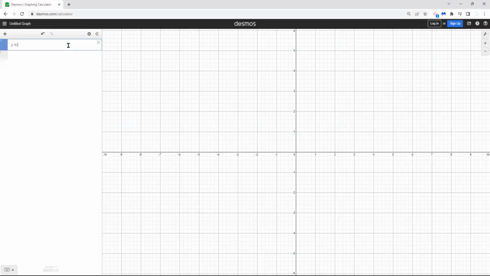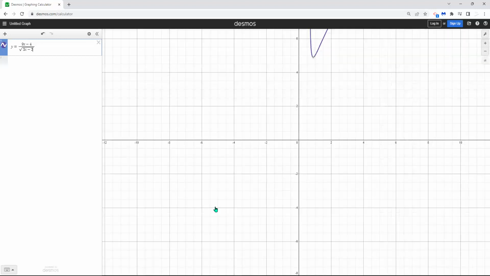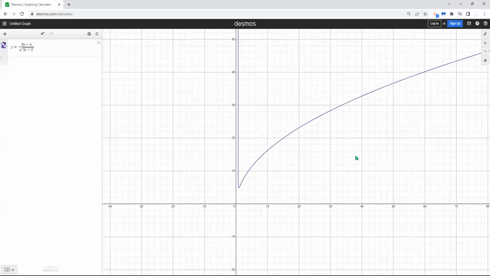Let me show you the function. This is y equals to 9x minus 4 divided by square root of 3x minus 2. So this is how the curve actually looks. Can you see? It goes down and makes a very sharp turning point, and then it goes back up. So that's what the graph is trying to do.